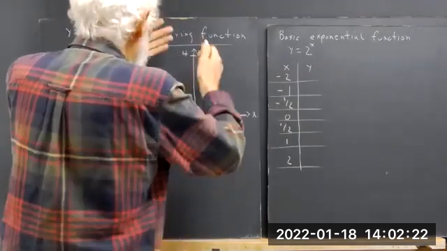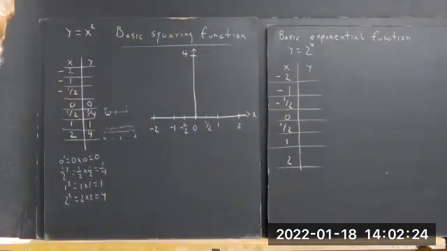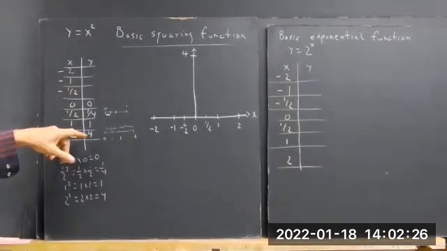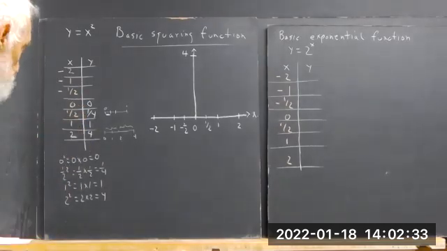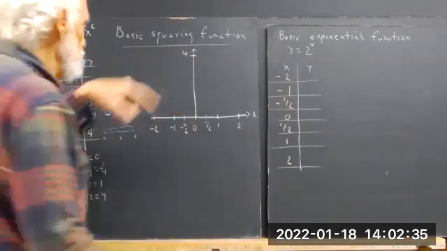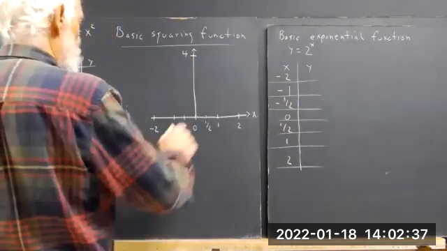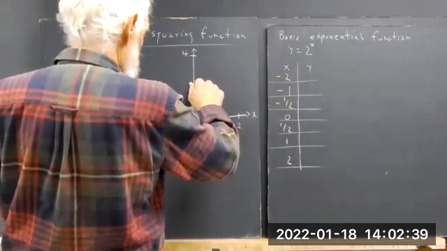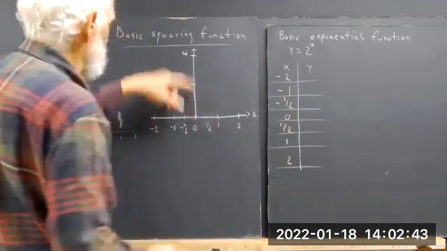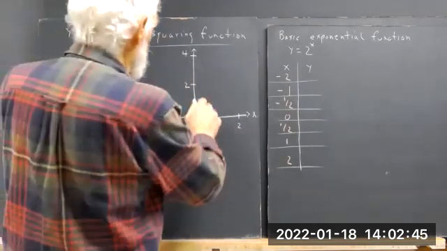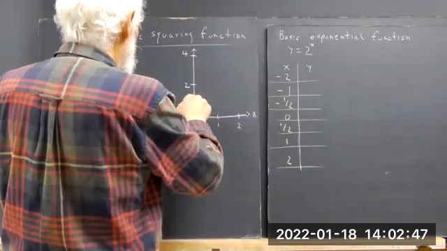Now we want to scale this axis. And you note that we're going to need the numbers 4 and 1 and 1/4 and 0. Okay. Well, if we go from 0 to 4, we can't get 1 right away by subdividing the interval in half, but we're going to divide the interval from 0 to 4 in half to get 2. We're going to divide that in half to get 1.